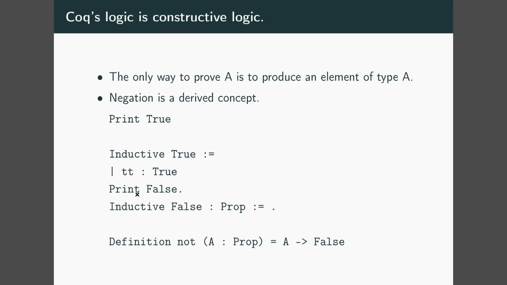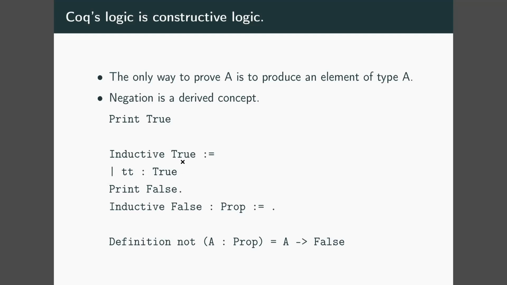Similarly, False with a capital F is not the boolean false. Boolean false is a constructor of the Boolean type, and similarly boolean true is a constructor of the Boolean type. They are not themselves Props or types. This is one distinction that we need to make.